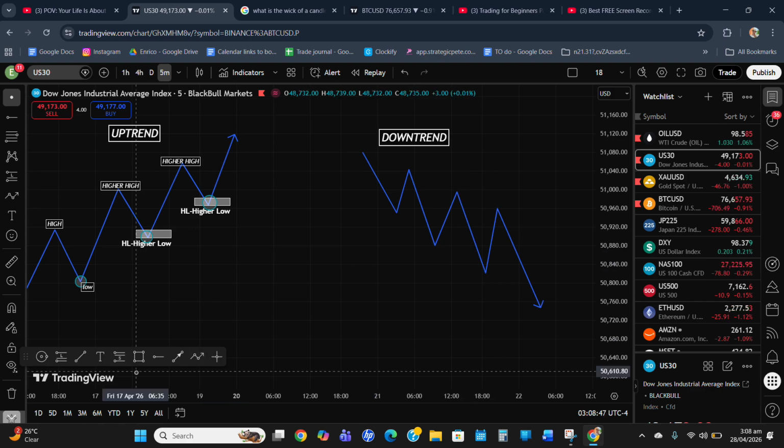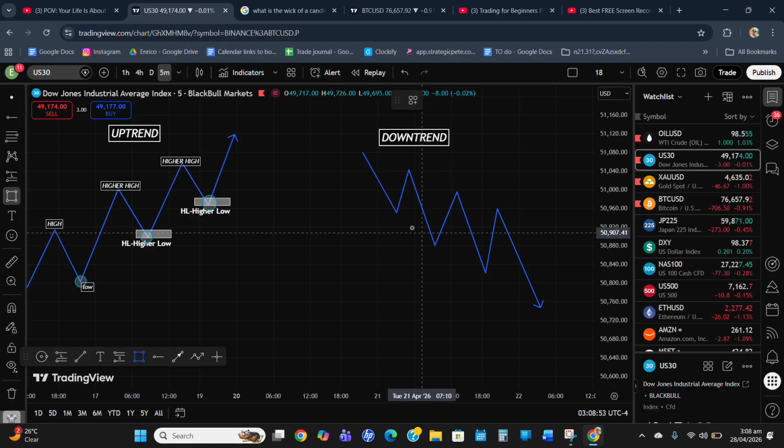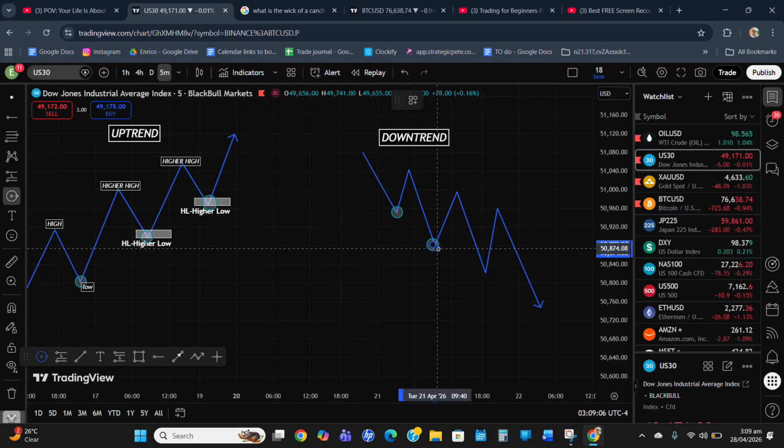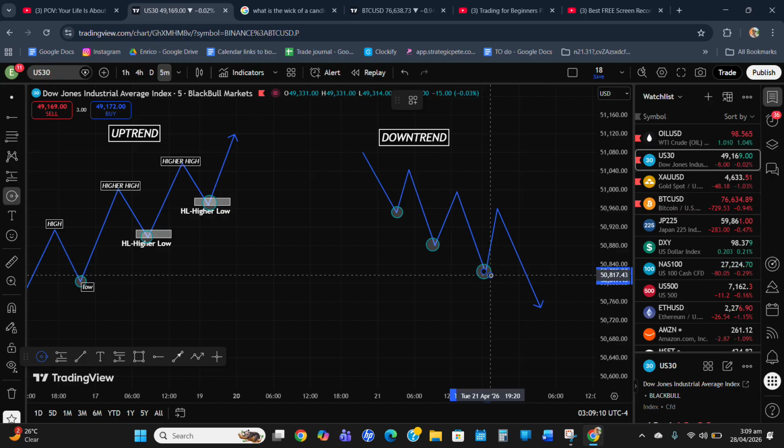Now, within downtrends, we have lows in the market, right? So this is a low in the market we have here. Let me just use a circle instead. This is a low within the market. This is a low within the market. This is a low within the market.